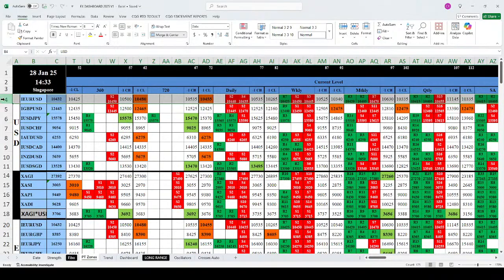Next we move on to the PT zones. The PT zones say that the daily is also having some selling force, but your weekly is well supported. Weekly, monthly, and all are well supported.